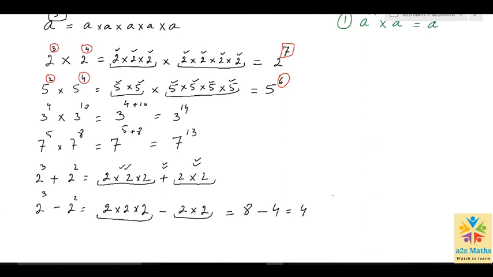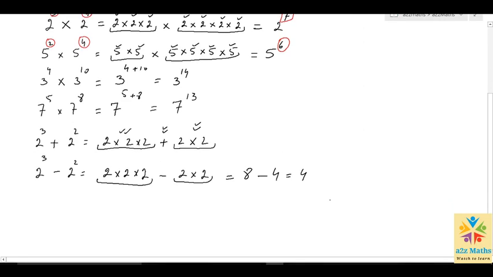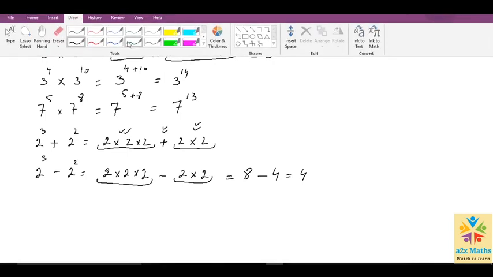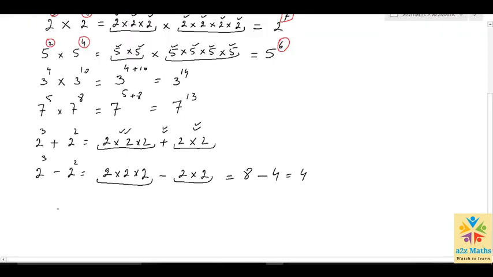Now one operation is left, which is division. Let's try the same questions with division. If this is 2 cube divided by 2 square, one thing you know is that division can be written as a fraction. So I have 2 times 2 times 2 over 2 times 2.